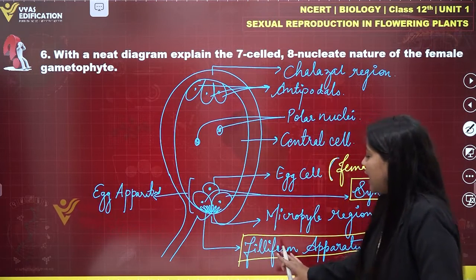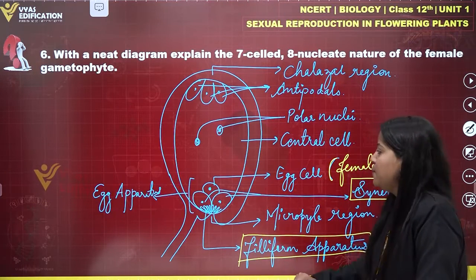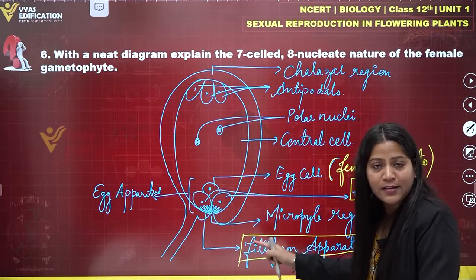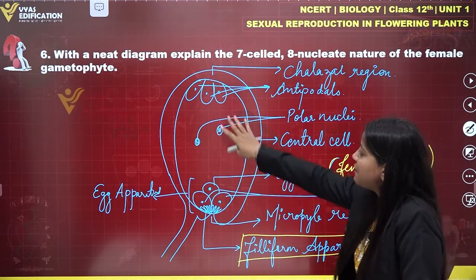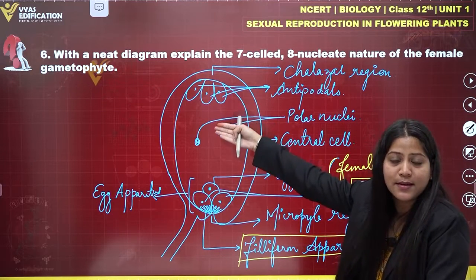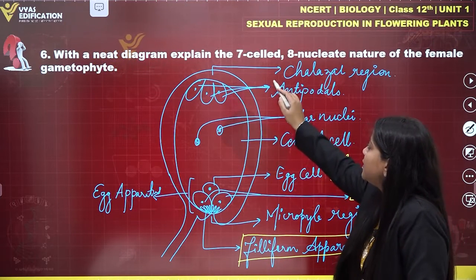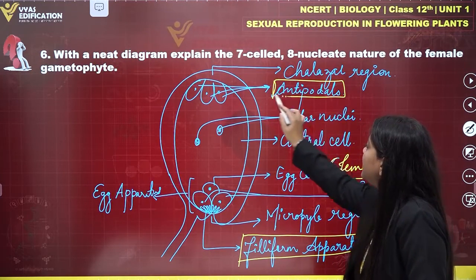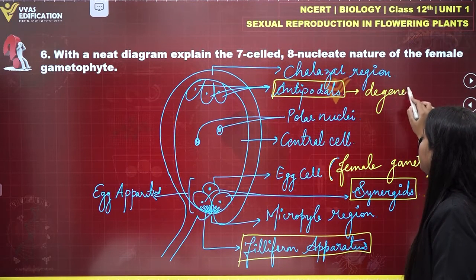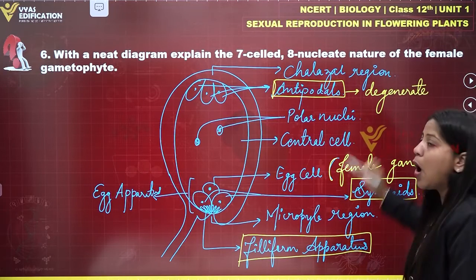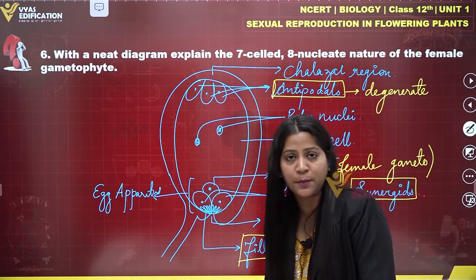The egg cell will fertilize with a male gamete to form a zygote. Then we have antipodal cells on the chalazal region. These antipodal cells will degenerate after or during fertilization.